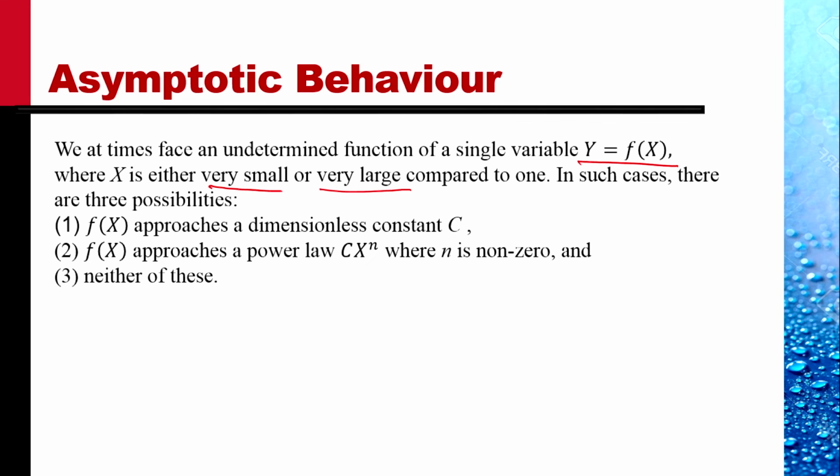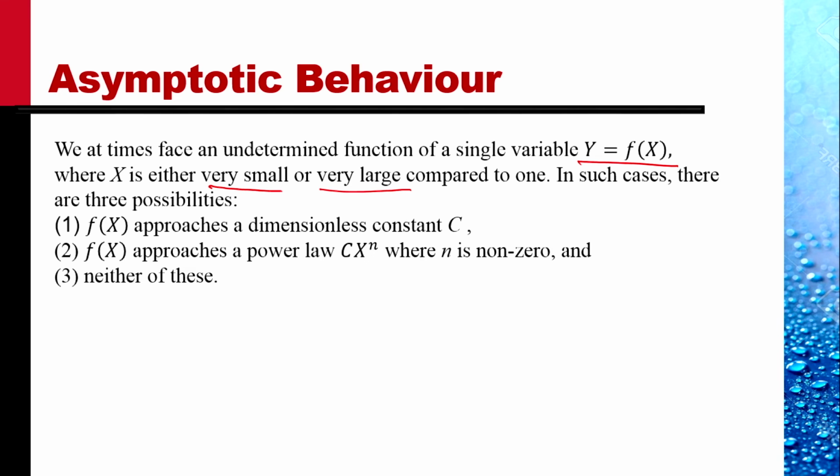But suppose these parameters are very small or very large compared to 1. In such cases, there are 3 possibilities. One is that f(x) approaches a dimensionless constant value c.